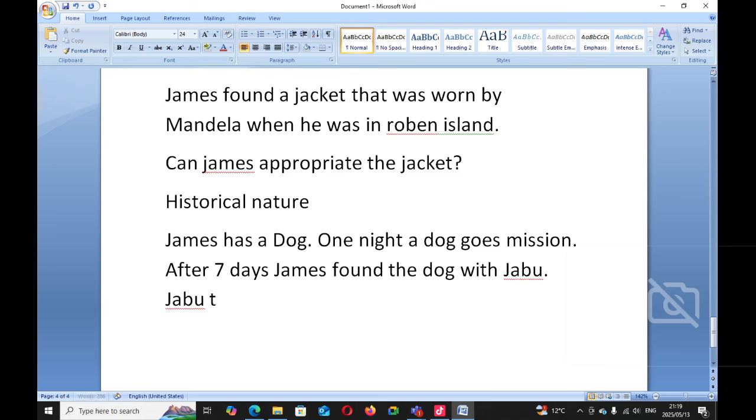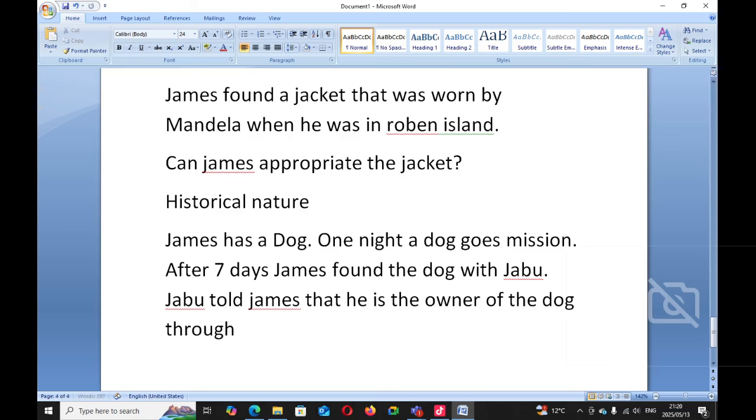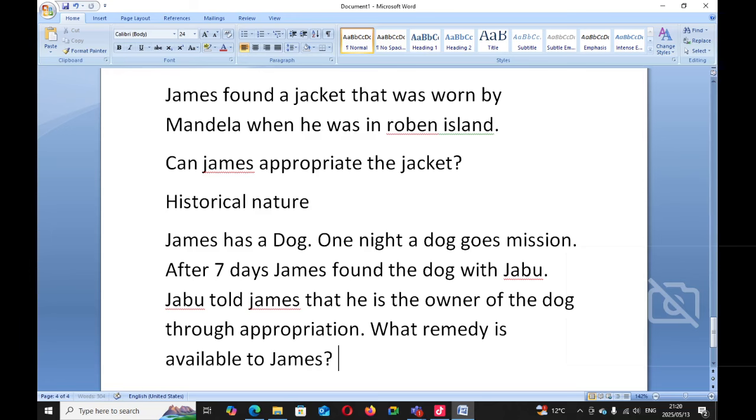Jabu told James that he is the owner of the dog through appropriation. What remedy is available to James? What remedy or which remedy is available to James?